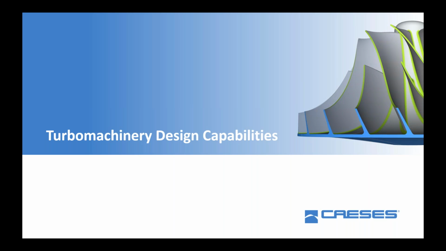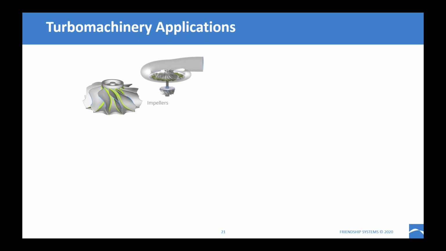The specific topic of today was optimization of turbomachinery with the connection of CAESES and Ansys Workbench. And I would just like to start this specific topic with a few words about the turbomachinery design capabilities of CAESES. In terms of applications, we can cover all kinds of components and geometries that you might encounter in turbomachinery design.